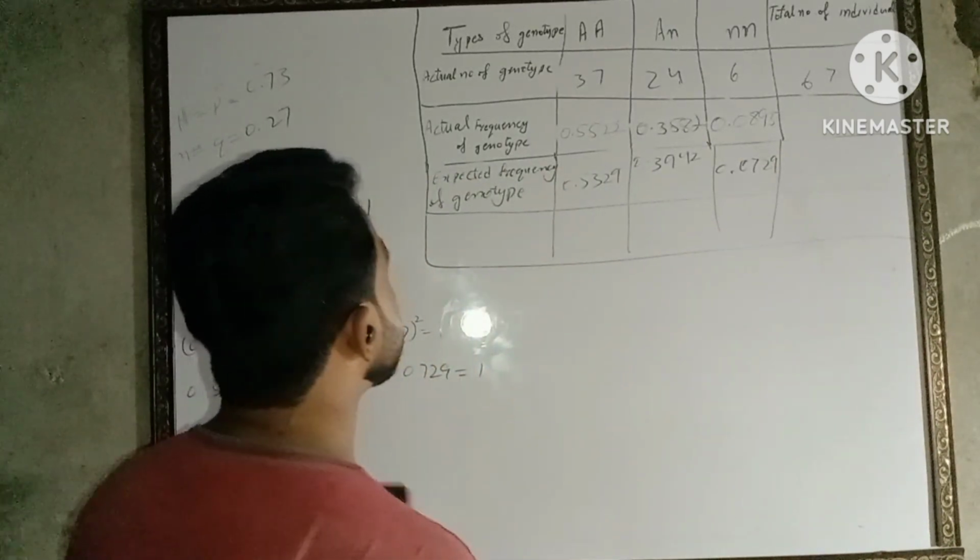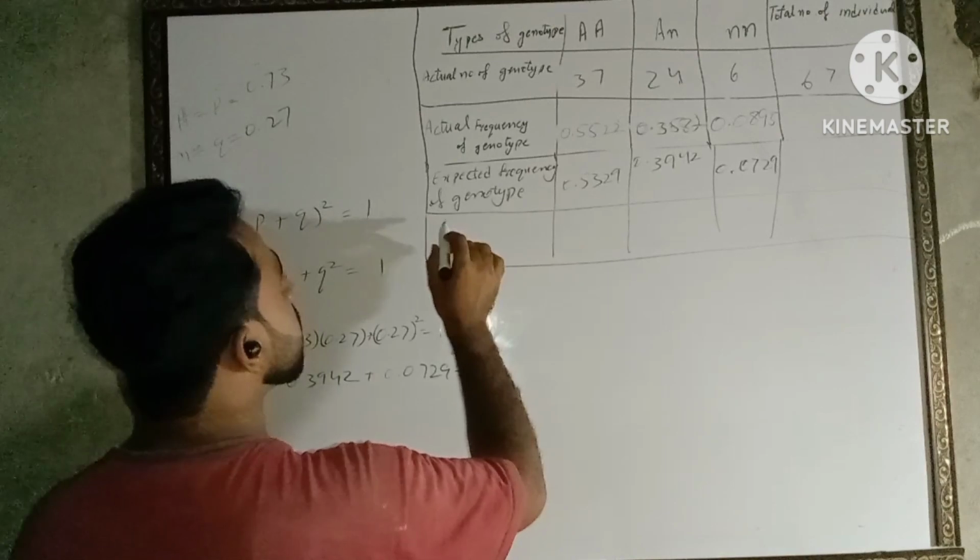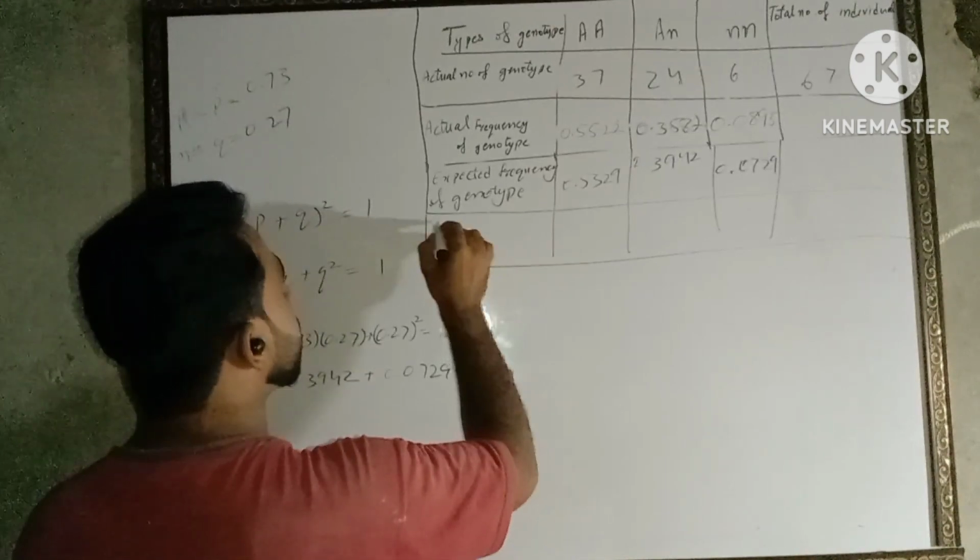Now we will find the expected number of genotype.